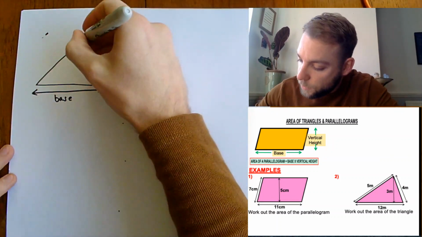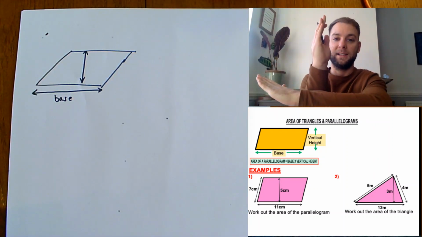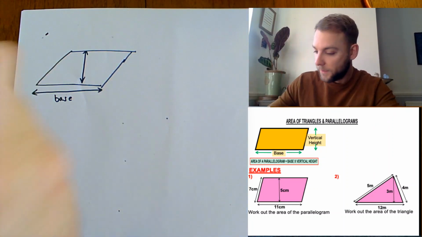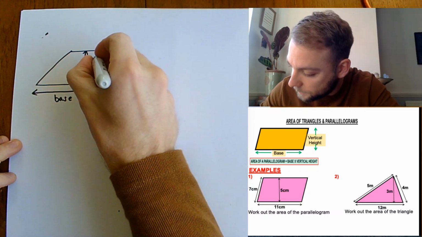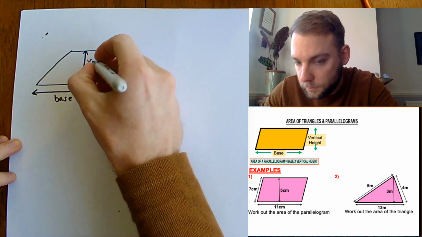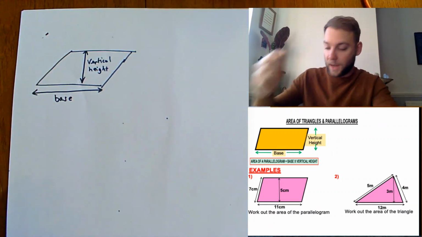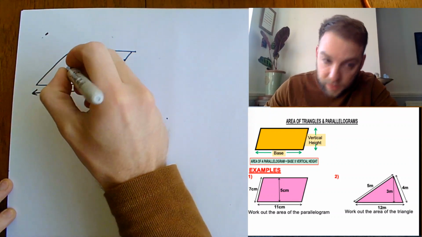Now I use the word perpendicular height because it has to be at 90 degrees, okay? This is the vertical height. So it's the vertical height. These have to be at 90 degrees.